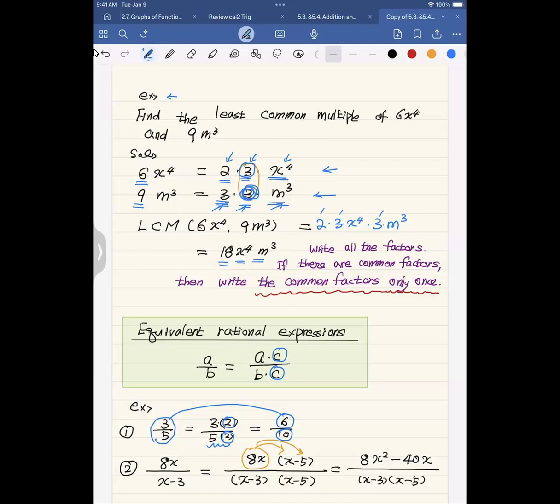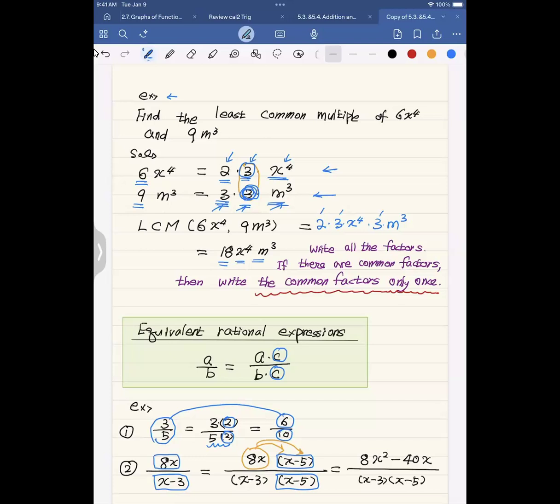In the next case, we have 8x over x minus 3. Whatever that is, we can multiply to the numerator and denominator. When we do that, the multiplication to the numerator and denominator must be the same. In this example, we are multiplying x plus 5 to the numerator and to the denominator.